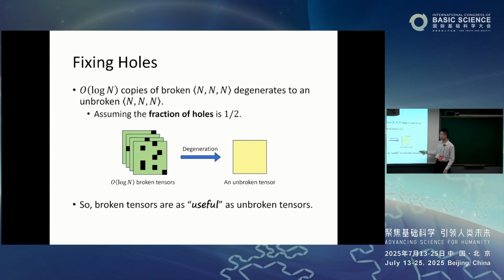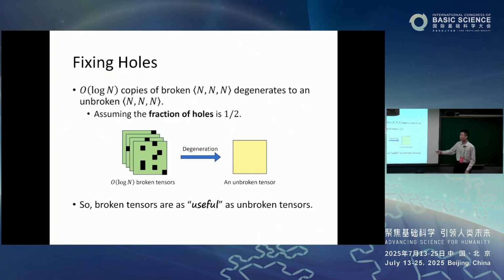In the output matrix that we want to compute, for every entry, we only need it to be revealed by one of the broken tensors so that we know the answer at that location in the end. Because we have n squared entries, and we have order log n broken matrix multiplication tensors, with high probability, every entry will finally be revealed by at least one tensor. So what we get in this process is the entire output matrix without any holes in it.